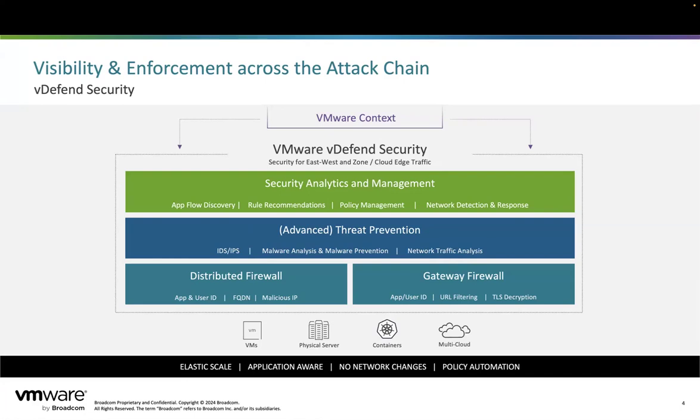We've had an opportunity to talk about our security services platform, the firewall, intelligence, and the gateway firewall. Now we turn our attention to these deeper, more contextual security features in advanced threat prevention.